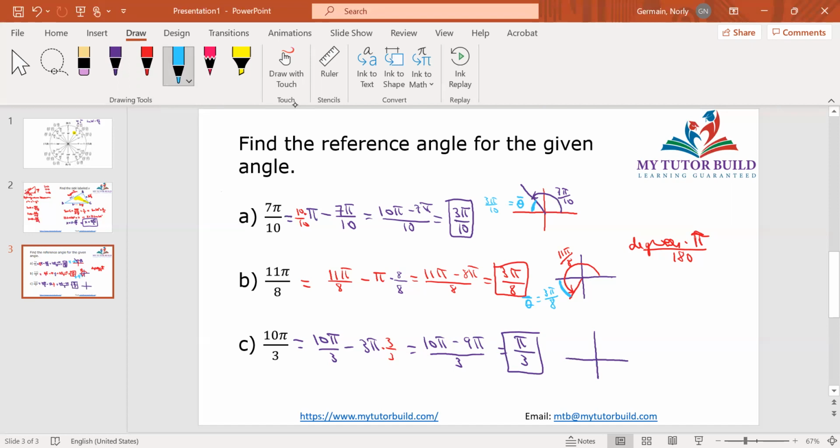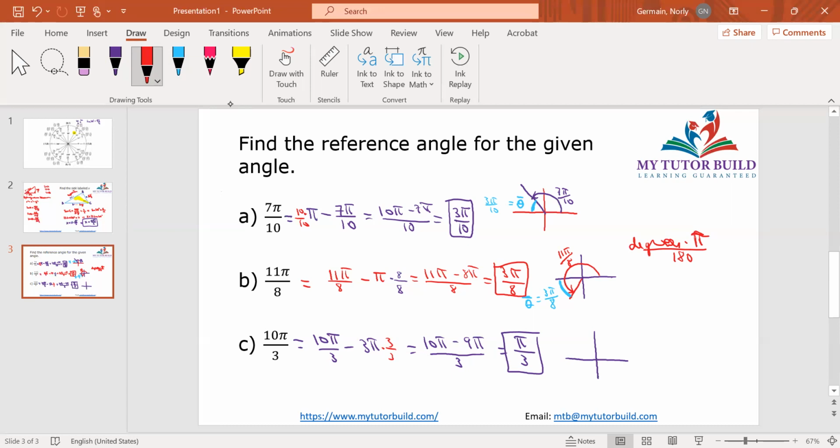So we have now, as you can see, 10 pi over 3 is like 3 pi plus pi over 3. 3 pi plus pi over 3 gives us 10 pi over 3.